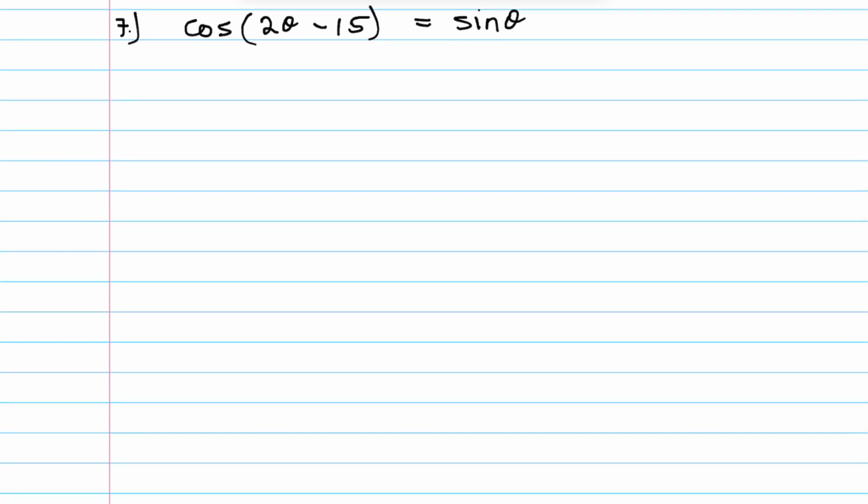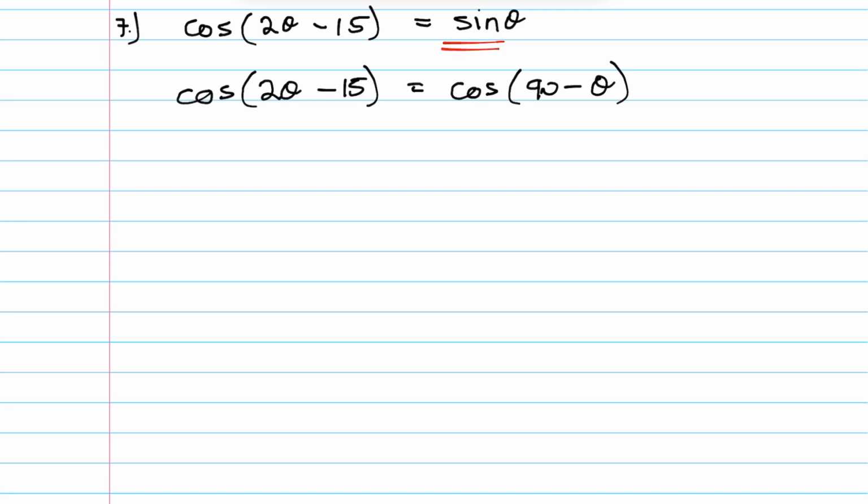Similar scenario in this case. We're going to find a co-ratio. So I want you to think about, what will I change the sine theta into? Sine theta will become cos 90 minus theta. And now you can simply cross out the cos thetas on both sides and continue solving.